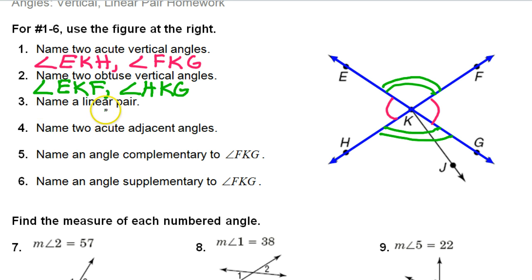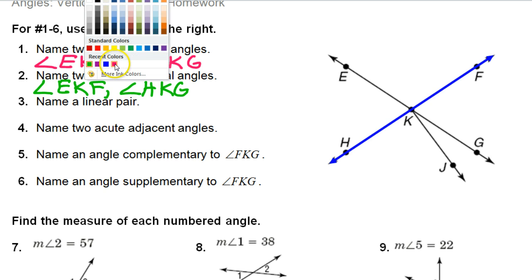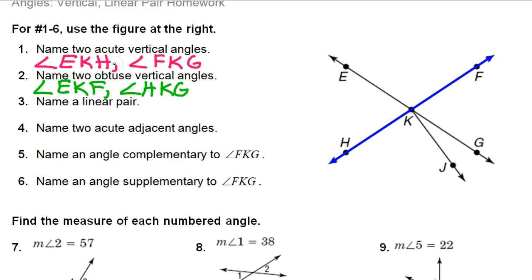Okay, name a linear pair. So I am looking for two angles that form a straight line. I'm going to pick this straight line, but you could have picked the other one. So there are multiple correct answers. And again, I'll be using this to judge who's copying me. So if you want to be slick about it, pick something else other than whatever I'm about to say.